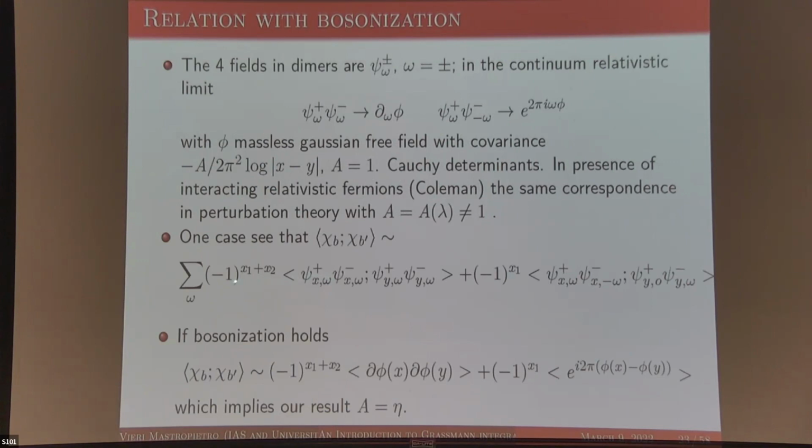You can write the dimer in this way, and then if you use these rules, this becomes this, and this becomes the exponential. So you see, this exponential becomes e to the a log. So the exponent of this part is simply the amplitude of this part. That is exactly consistent with bosonization in the generic case.